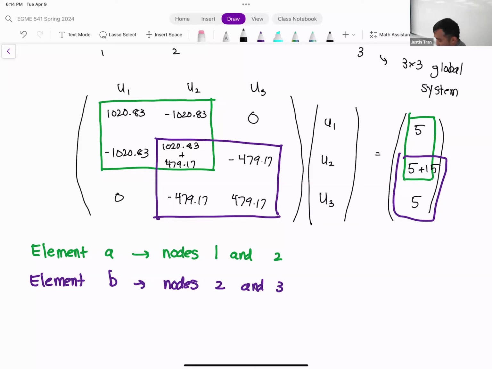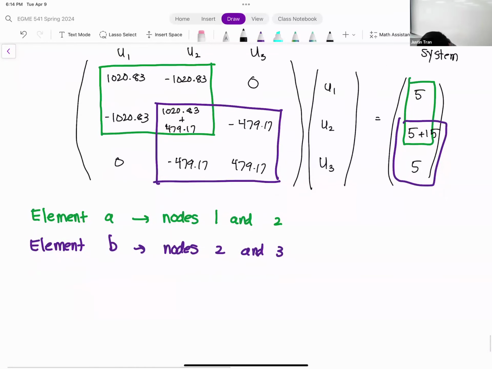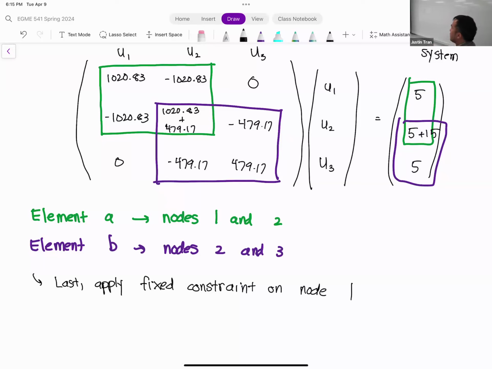Okay. So the last thing we have to do before we can solve is apply our constraints, or apply our Dirichlet boundary conditions. In this case, we're going to apply our fixed constraint on node one.